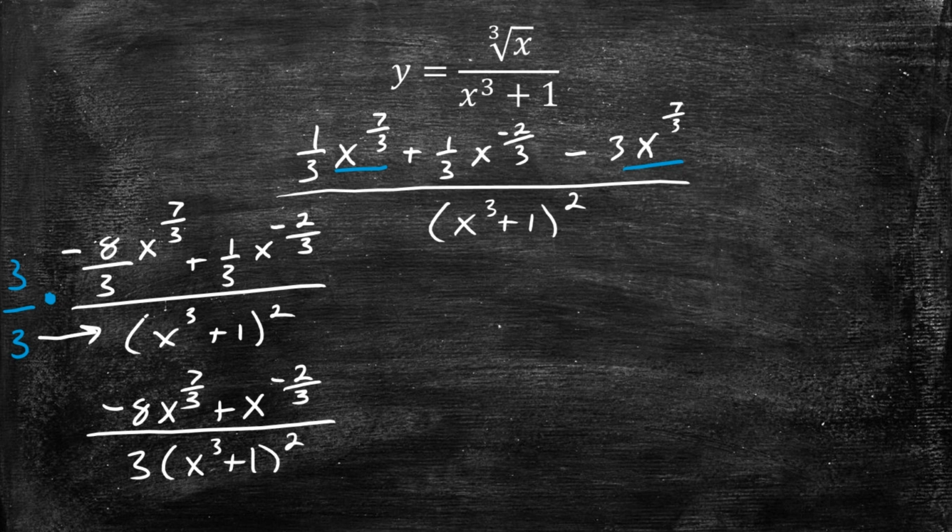Okay, so let's continue simplifying here. What I want to do is I want to factor out x to the negative 2/3. Whenever you're going to factor out an exponent from another variable with an exponent, I'm going to show you the math here on the top left. So you take the exponent that you are going to be factoring out of. So this is x to the 7/3.